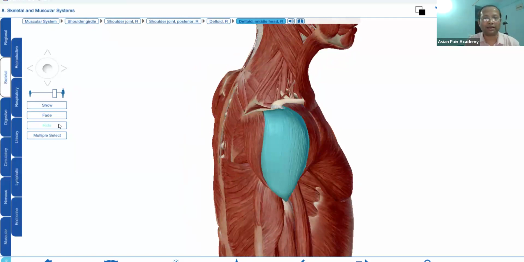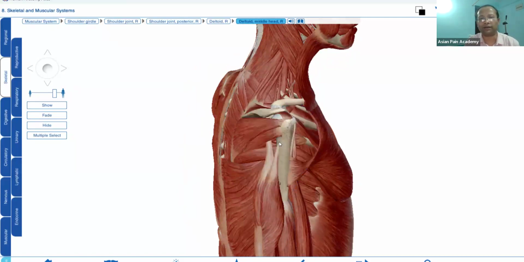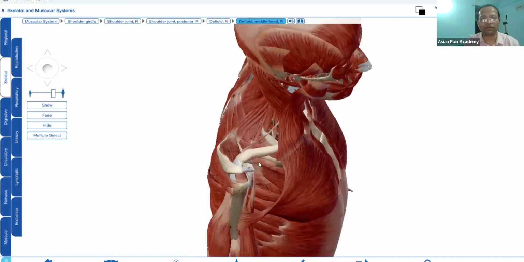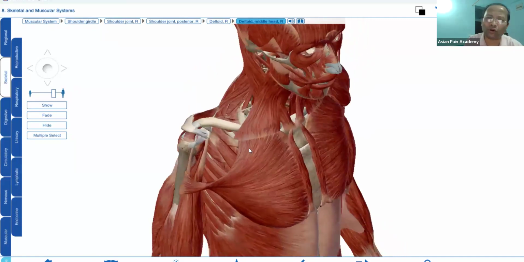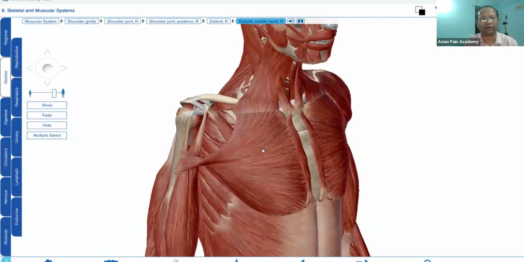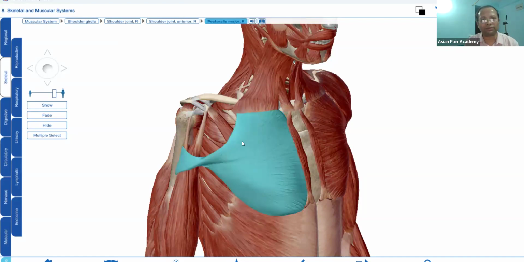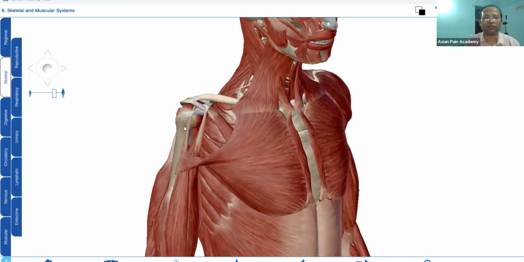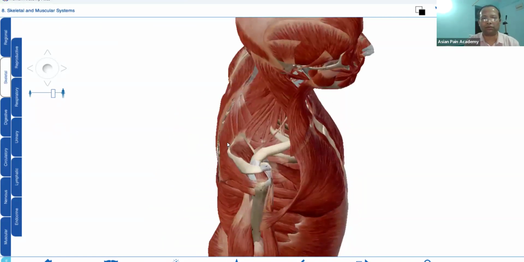Okay, so I hide this whole deltoid layer. Another superficial muscle is not actually a part of shoulder ultrasound. But sometimes while seeing the ultrasound of shoulder, when we come down, we see this pectoralis major tendon also. But this is not a part of shoulder ultrasound.